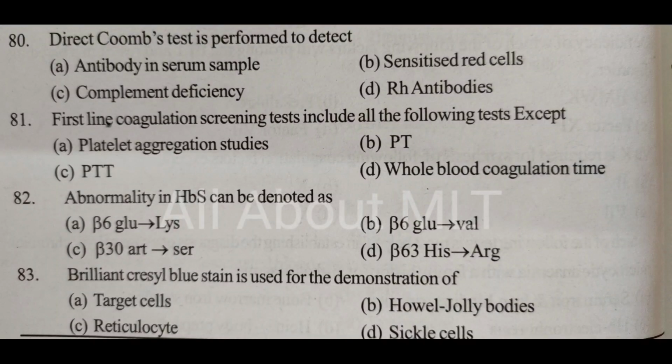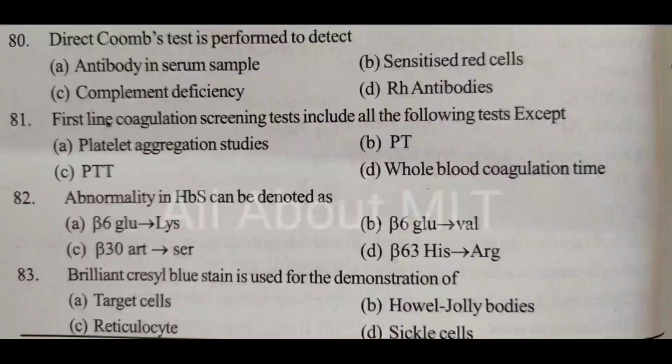Abnormality in HbS can be denoted as: option A, beta 6 glutamic acid lysine; option B, beta 6 glutamic acid valine; option C, beta 30 serine; option D, beta 63 histidine arginine. The answer is option B, beta 6 glutamic acid valine. Brilliant cresyl blue stain is used for the demonstration of: option A, target cells; option B, Howell-Jolly bodies; option C, reticulocytes; option D, sickle cells.